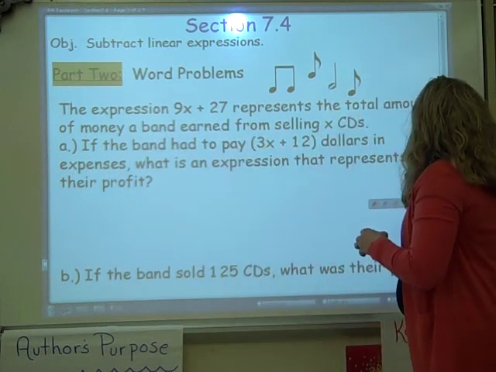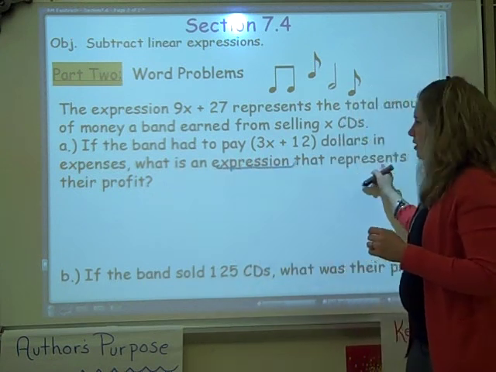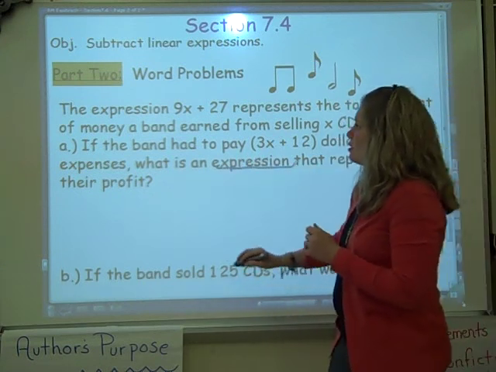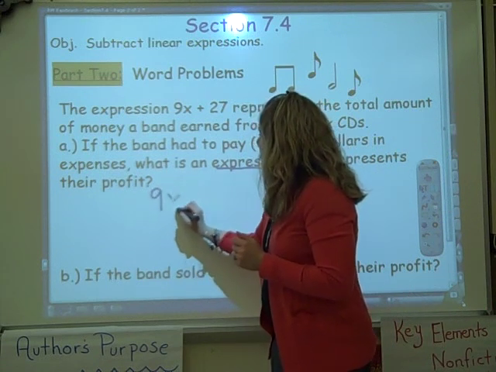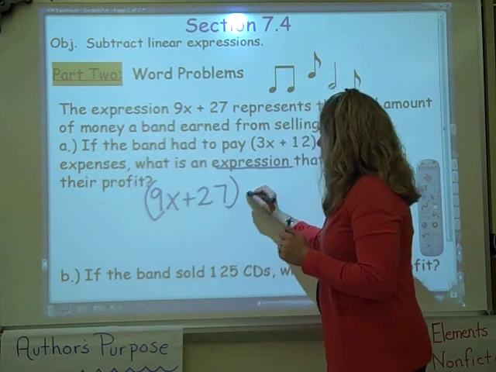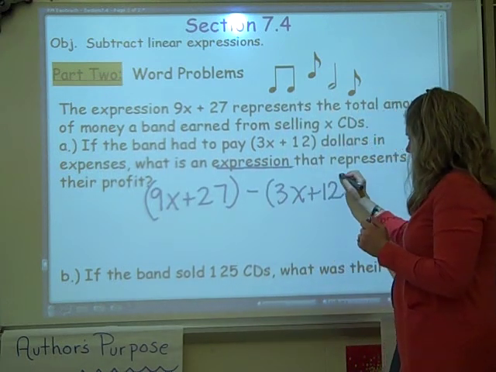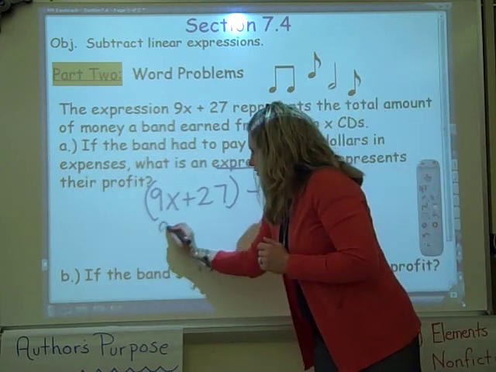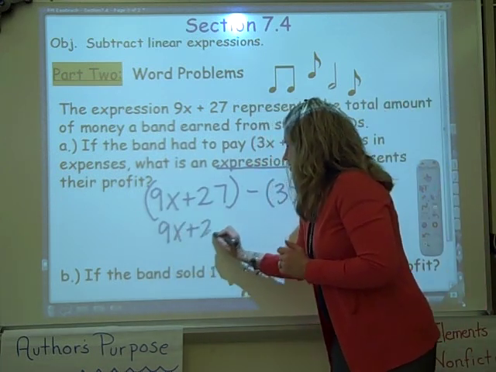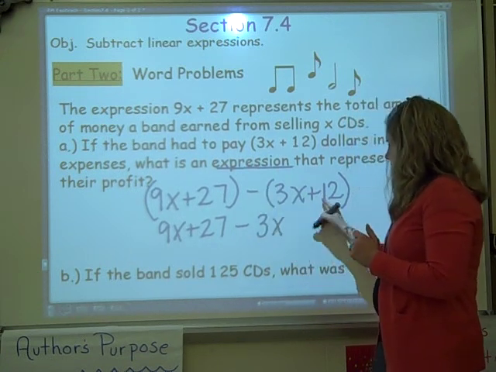So they want, what is an expression that represents their profit. So we have to do 9x plus 27 minus the expression 3x plus 12. Bring down your first expression, subtract 3x, and also subtract the 12.